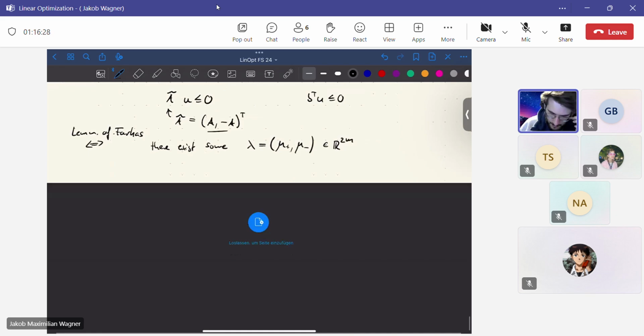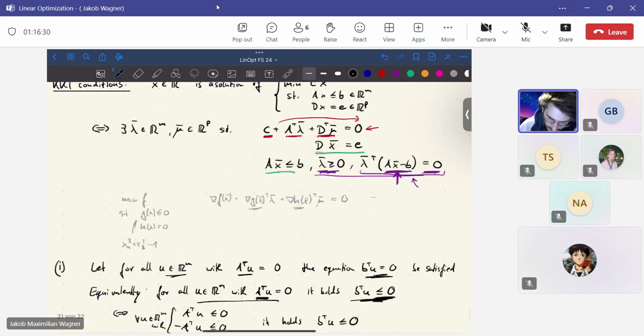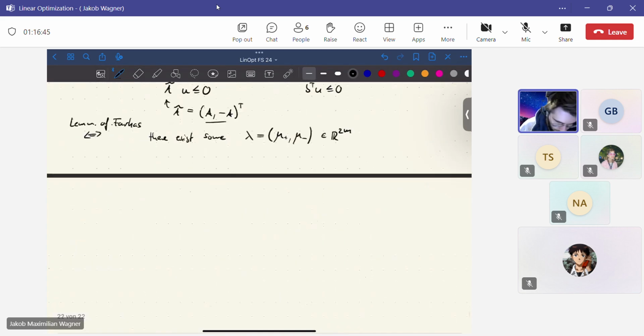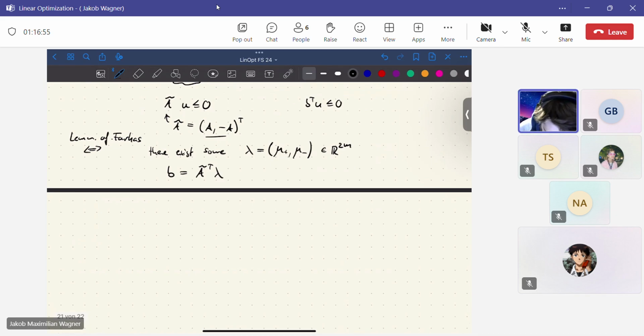And the statement in the lemma of Farkas tells us that this lambda satisfies that c, which for us below is the b, is A transpose lambda. So we get here that b is A tilde transpose lambda. And this we can write as A times mu plus minus A times mu minus.